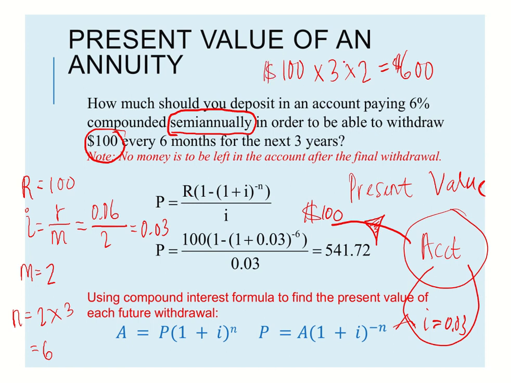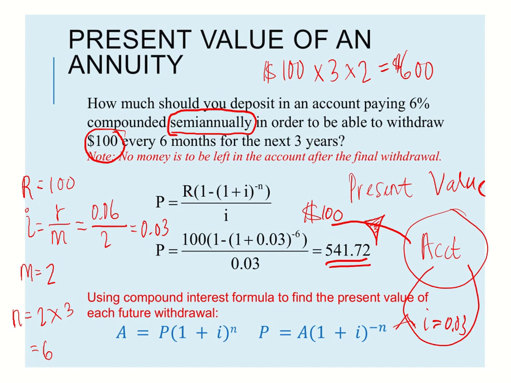We take out $600 from the account, but you only need to deposit $541.72 into the account at the beginning of the 3 years. We call that the present value.